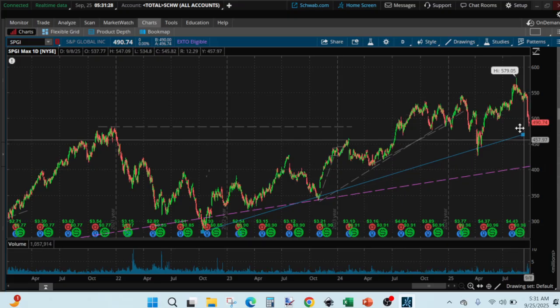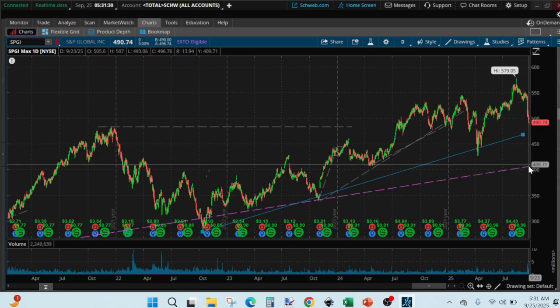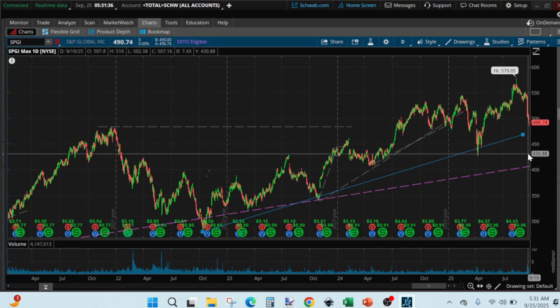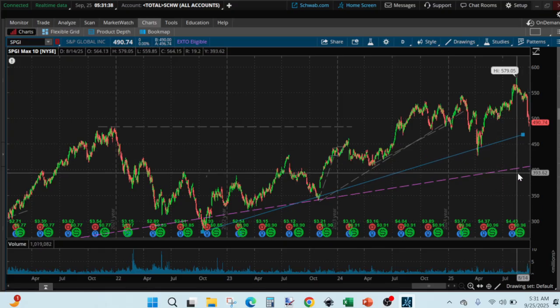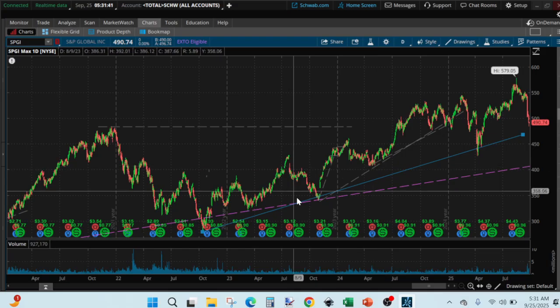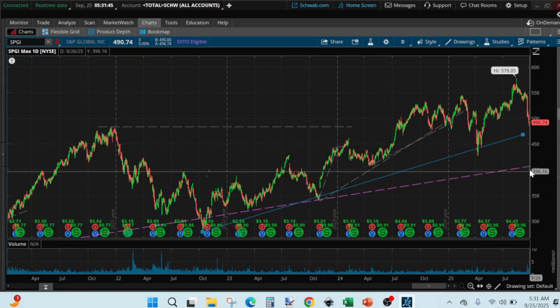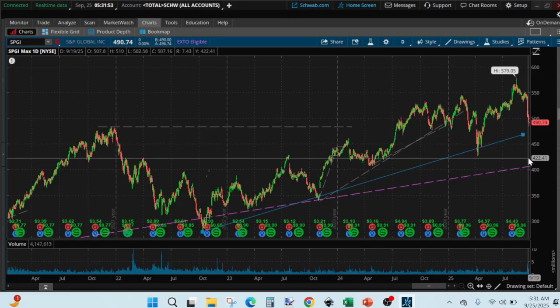When it's going toward it, it'll be making lower lows, and when it reaches, it might go below it also. But when it starts going up, it will start making higher lows, and you will compare how it's behaving there to how it behaved previously around that trend line. And once you have a few higher lows, you will buy at the first or second green bar that follows a pullback. So this one is not a buy today.